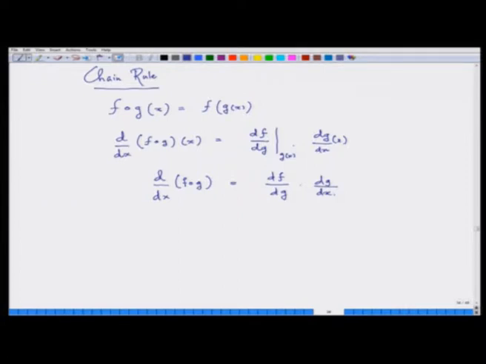Now, I have often seen calculus students do the following mistake. So, they often write dy/dx as 1 by dx/dy or dx/dy as 1 by dy/dx.